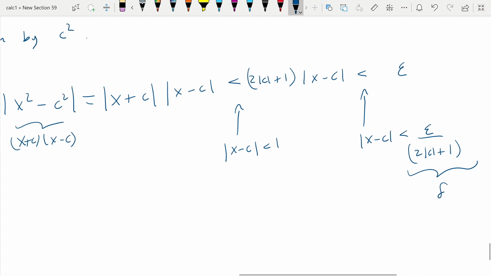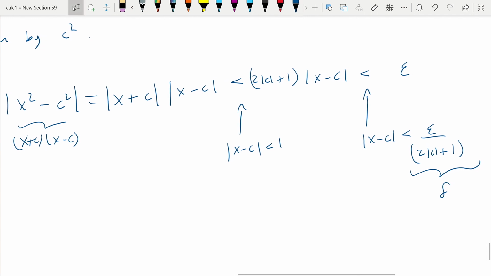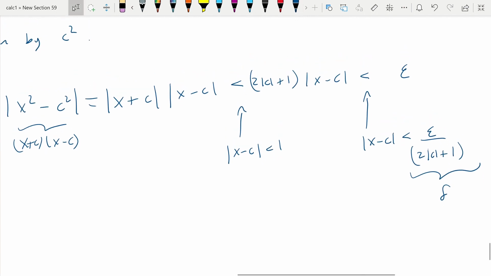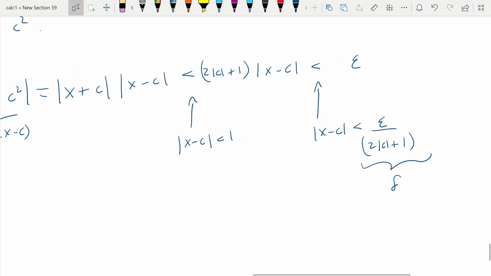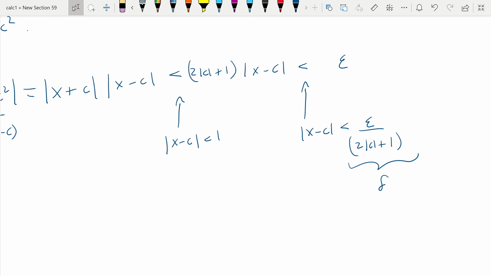Okay, so last couple of things. First of all, the delta depends, of course, on epsilon, but it also depends on the point, because for different limit points in A, you may need to make delta smaller than for others.